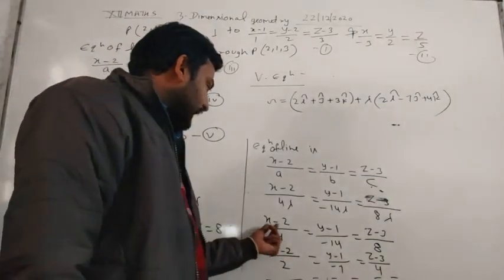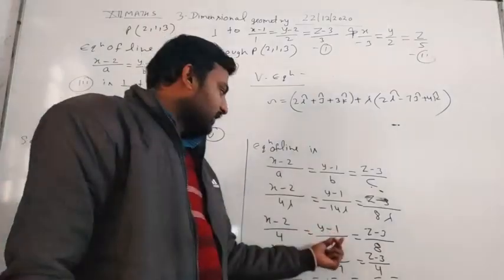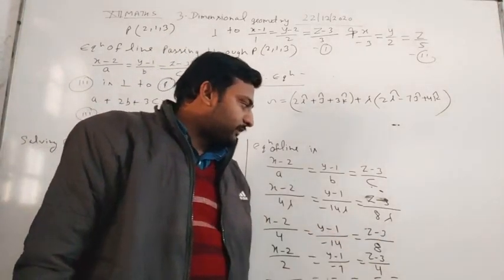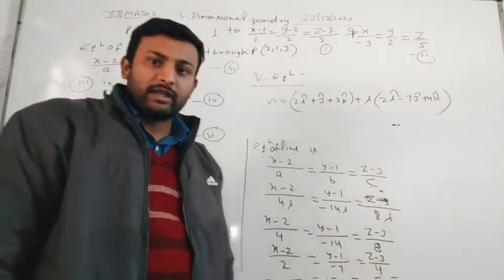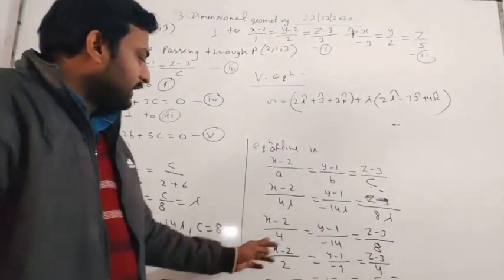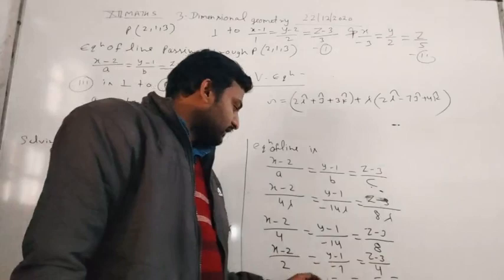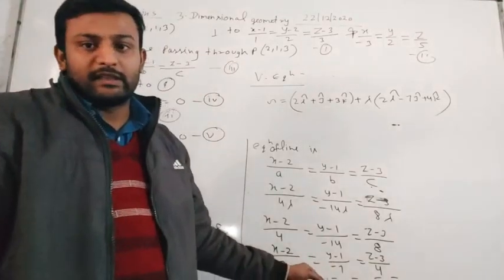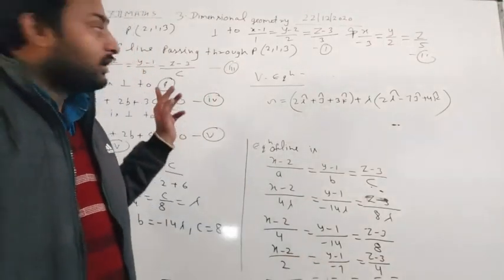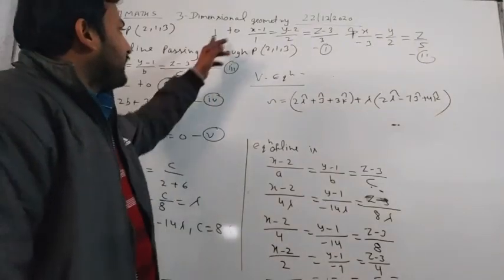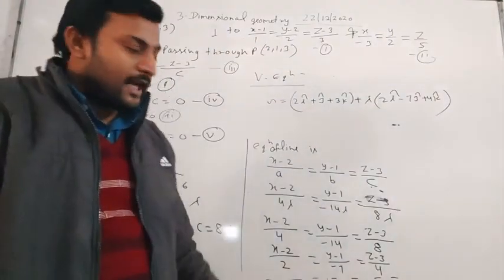Okay. So we get x minus 2 by 4, y minus 1 by minus 14, z minus 3 by 8. Okay, student. Now we divide this by 2, we get this result, and this is our Cartesian equation of the line passing through this point, which is perpendicular to this line and this line.